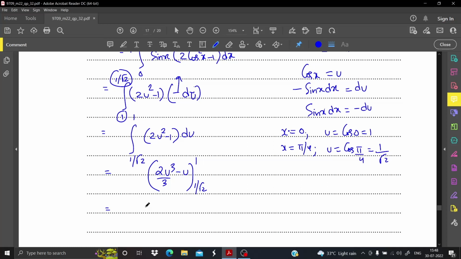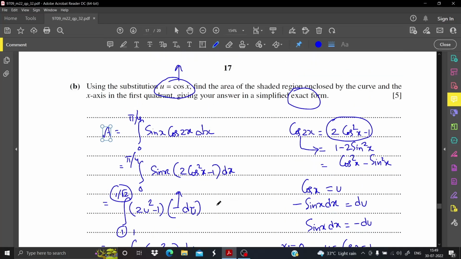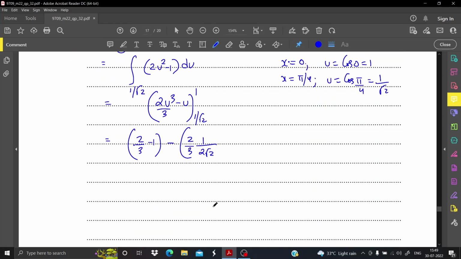So substitute 1 here, you get 2 by 3 minus 1, minus, now 2 by 3 times the cube of 1 by root 2, which will be 1 by 2 root 2. I'm not using the decimals here because it said the exact form. So minus 1 by root 2. The 2 cancels. So 2 by 3 minus 1 is negative 1 by 3.